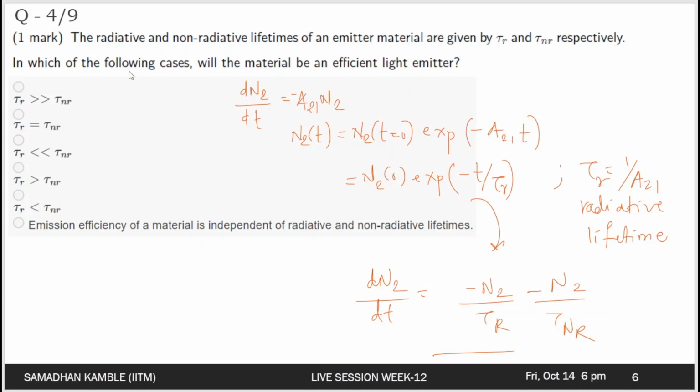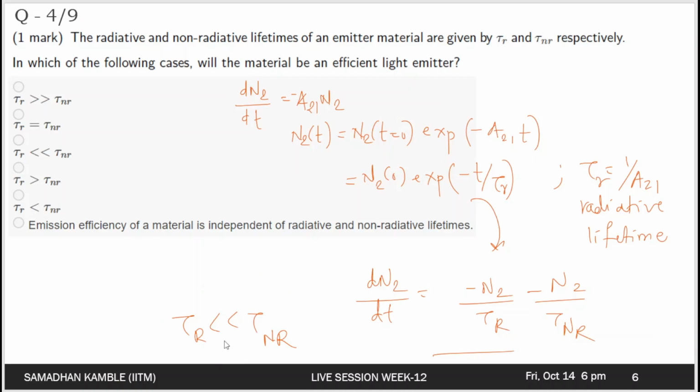Now to analyze our problem, if your tau r is much smaller than tau nr, that means radiation takes place.